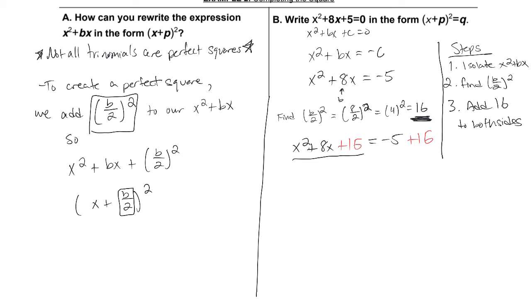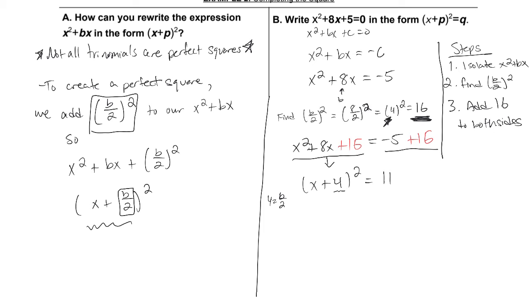This perfect square is x plus 4 squared, because what we said is x plus b over 2, and b over 2 is what's inside the parentheses. So 4 equals b over 2, because 8 over 2. That's what equals negative 5 plus 16, which is 11.